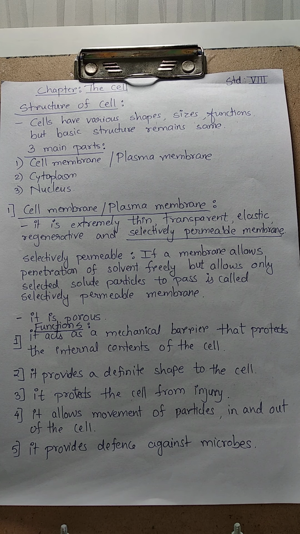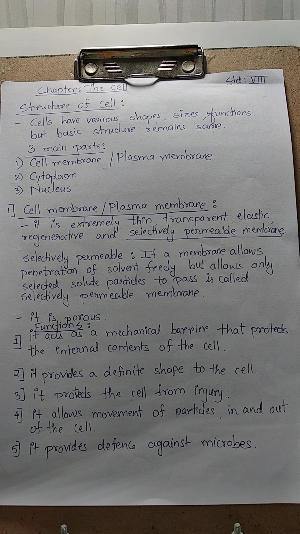Now in eukaryotic cells, we have also seen that there are different types of cells present, right? These different cells perform different functions also. But even though they vary in shape, size and function, the basic structure of any cell remains the same.